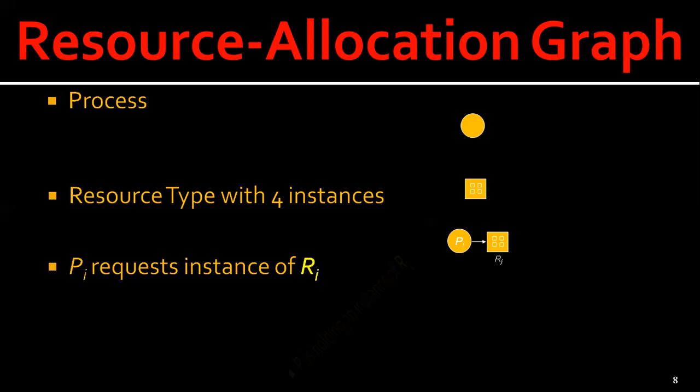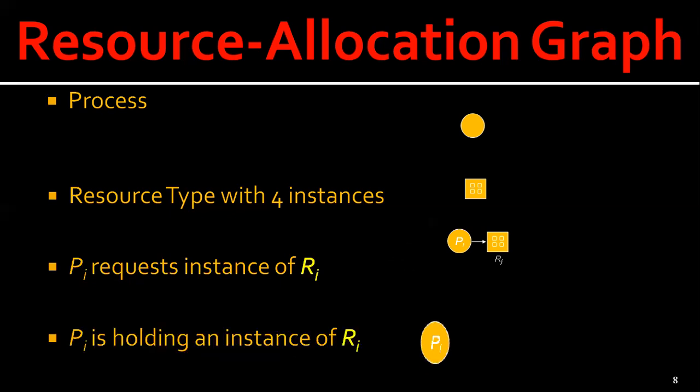Similarly, if Pi is holding an instance of resource Rj, then we represent it like this, with the arrow from the resource to the process. Let us see the resource allocation graph so that we can understand more clearly.